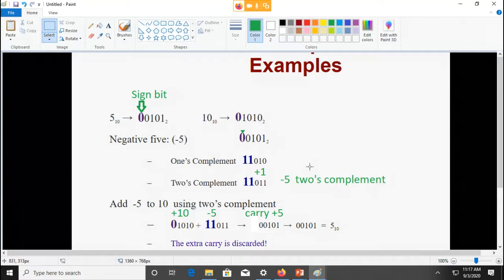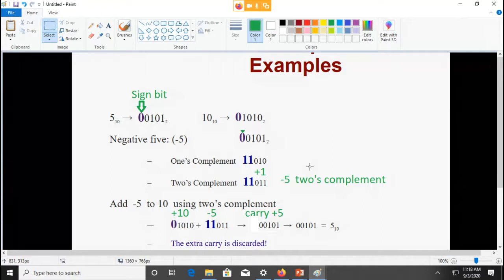But if, to do subtraction, you take the number, do a 2's complement on the number, and then you can simply add it. And addition circuits are actually really easy to build. And complement circuits are really easy to build.